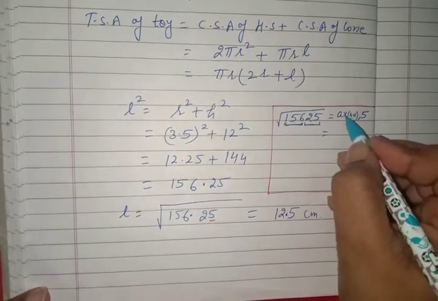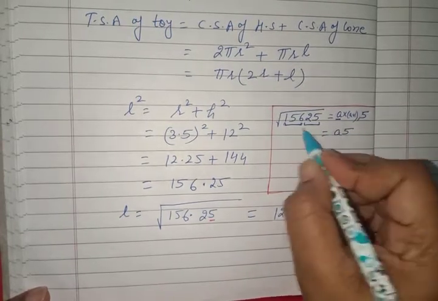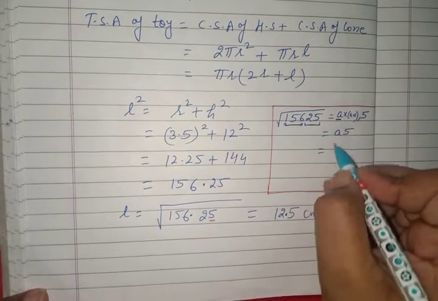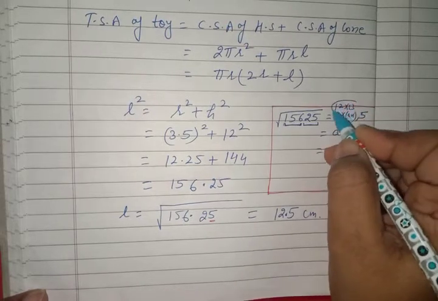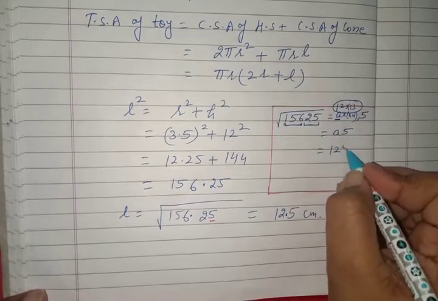Then the answer is you will take this a and 5. So we need to find a. 156 is the multiplication of 12 and 13. So this number is 12, this number is 13, 156. So the answer is you will take this a, 12, and 5, 12.5.